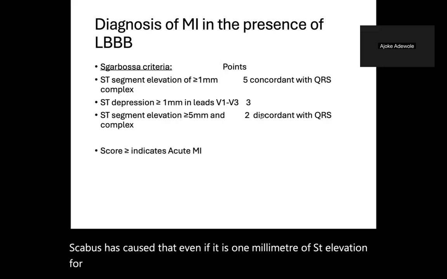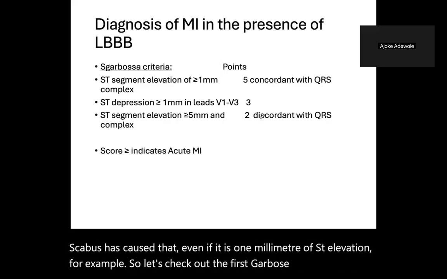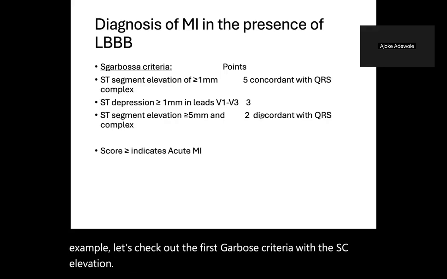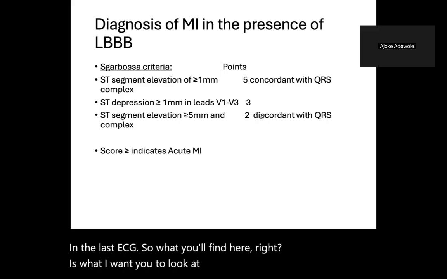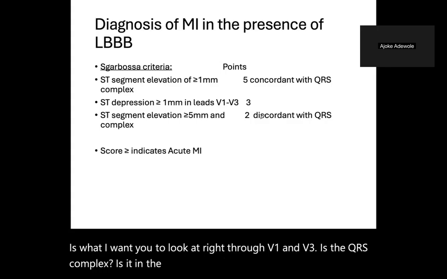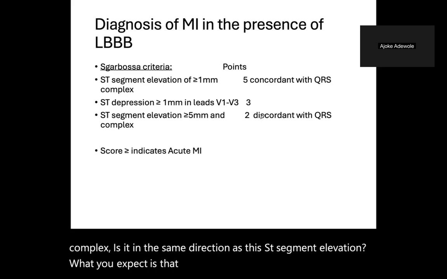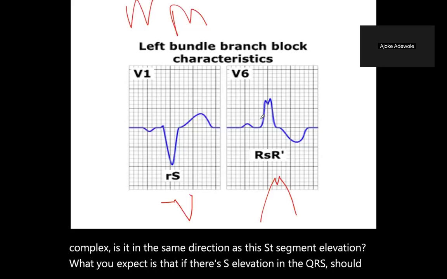So let's check out the first Sgarbossa criterion, the ST elevation, in the last ECG. What I want you to look at, through V1 to V3, is the QRS complex. Is it in the same direction as this ST segment elevation? What you expect is that if there's ST elevation, then the QRS should be negative.